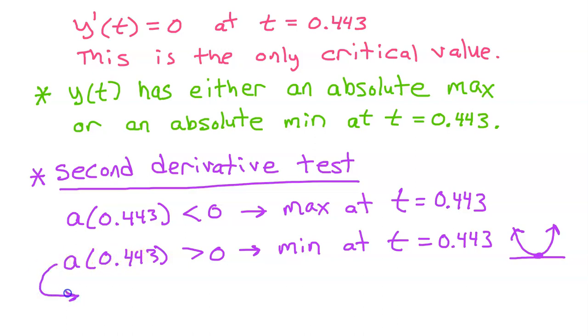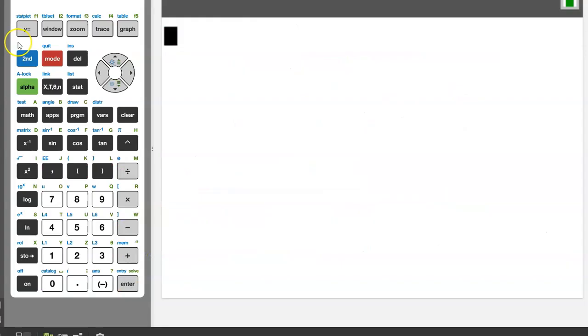However, what we have typed into our calculator is the velocity function. So you have to remember that acceleration is the derivative of velocity. So that means we need to actually evaluate v prime at 0.443. And really there are 10 decimals here, but I'm just using 0.443 as a shorthand.